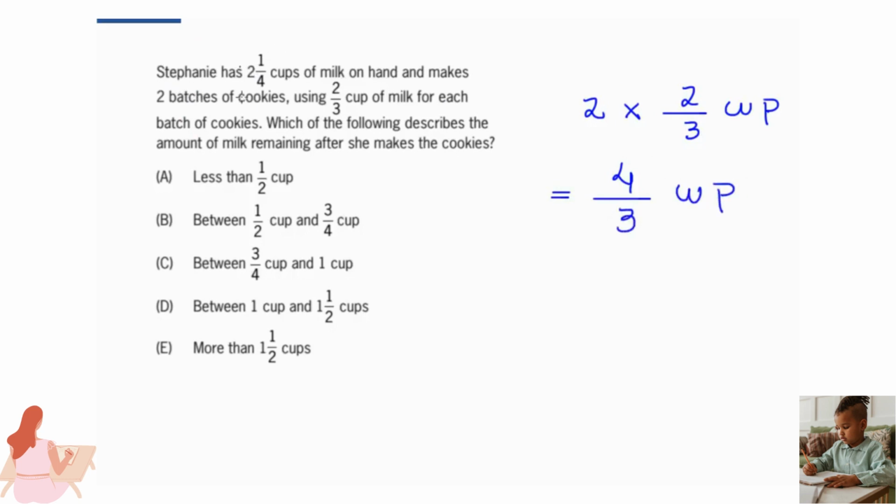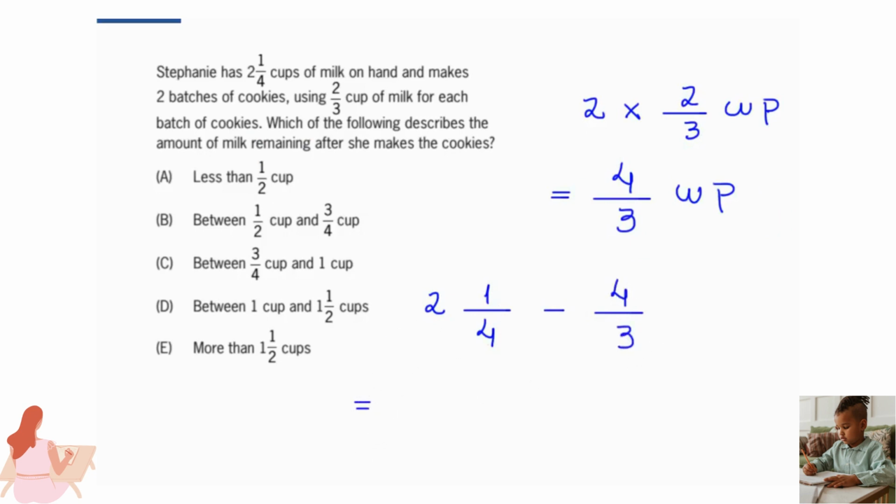In the beginning, the question said that Stephanie has 2 and 1/4 cups of milk on hand. And in the ending, note that the question asks us which of the following describes the amount of milk remaining. So the remaining milk must be equal to 2 and 1/4 minus the amount that she used, that's 4/3 of cups.